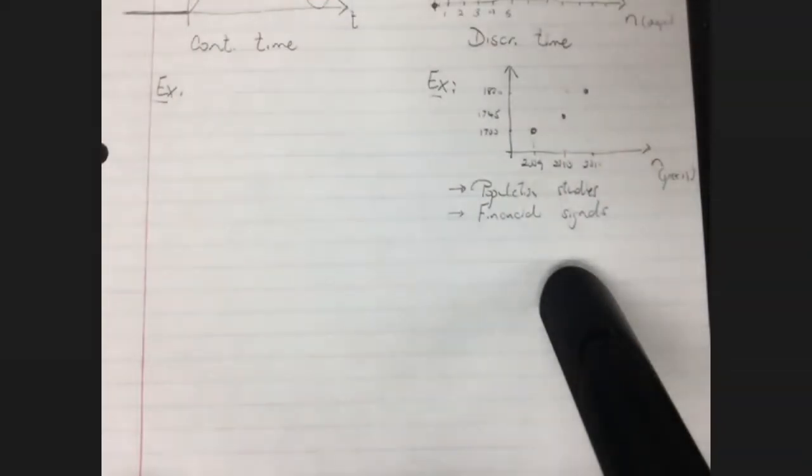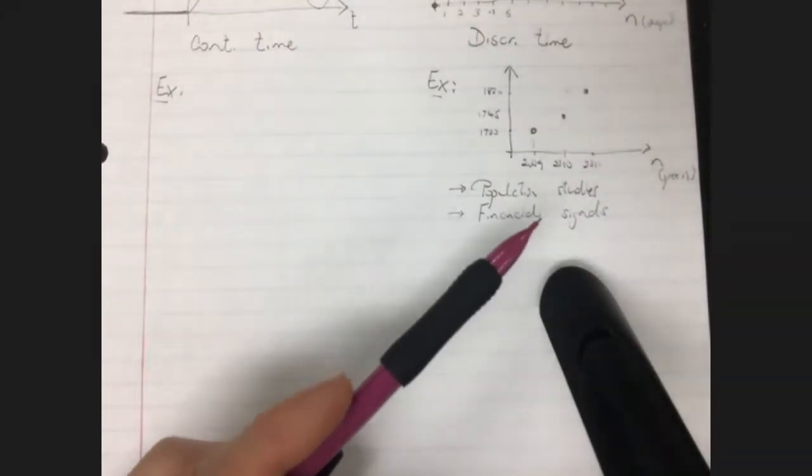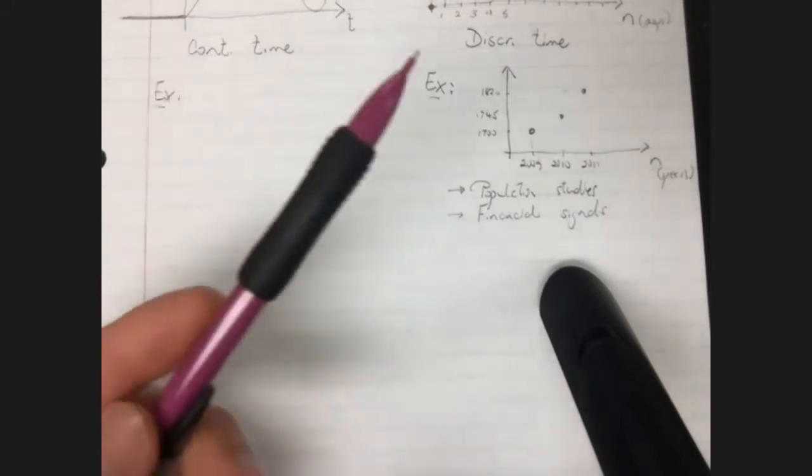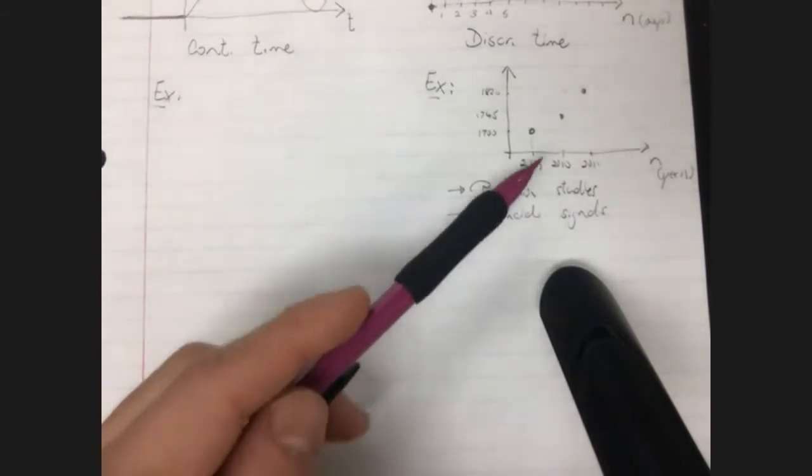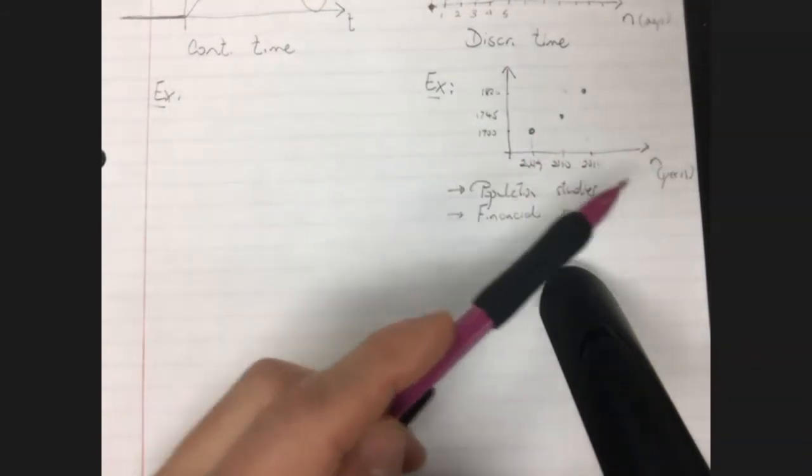What else? Financial studies, financial signals. So if you are tracking, for example, a certain investment month to month, then it doesn't make sense to think, okay, between March and April, what happened? You'd just be looking: March, something happened, April, something happened, whatever. So that might also be discrete time.